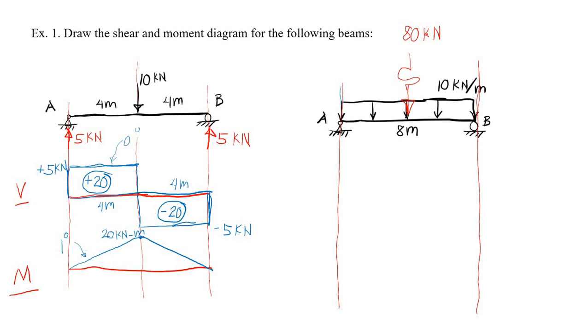And since this is 80 and acting at the midspan, then our reaction should be even. 80 divided by 2, we have 40 kilonewtons. Of course, we can solve this using summation of moments, but the computations would be lengthy, and we will still arrive at the same result.